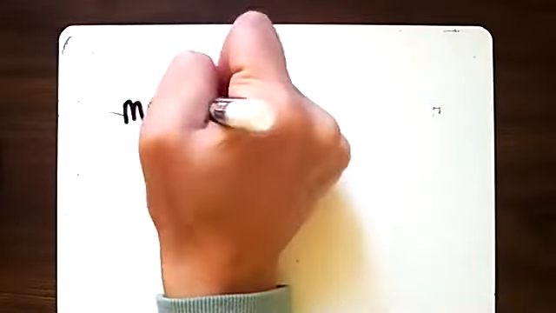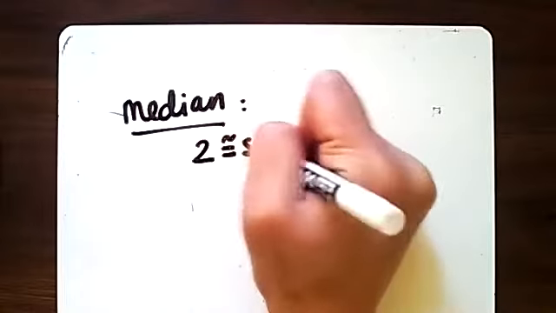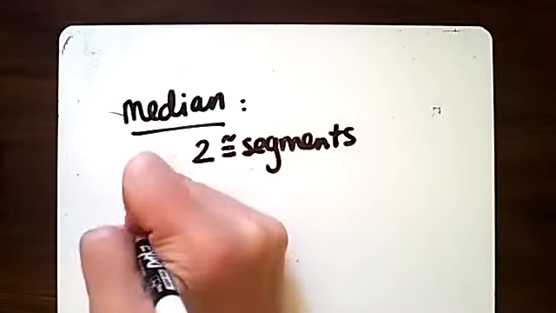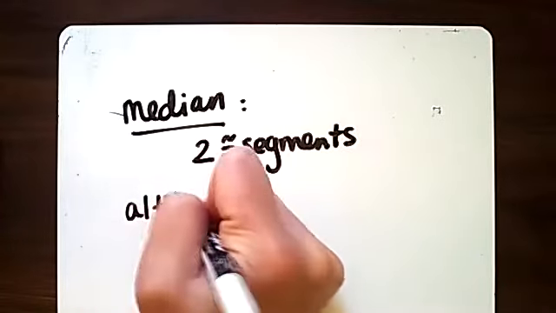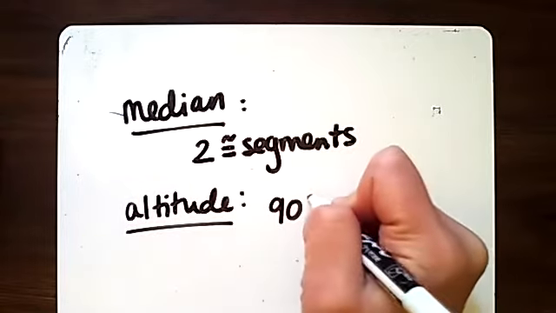Just to quickly recap though, I'm going to recap on this whiteboard real fast. So the 4 segments we have are a median, which gives you 2 congruent segments. That's it. Altitude gives you 2 90-degree angles.